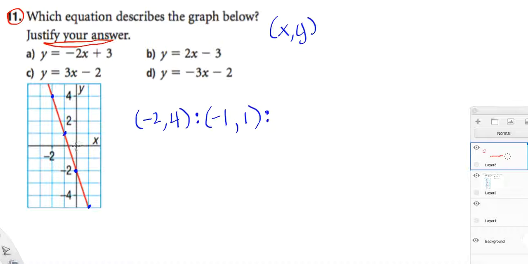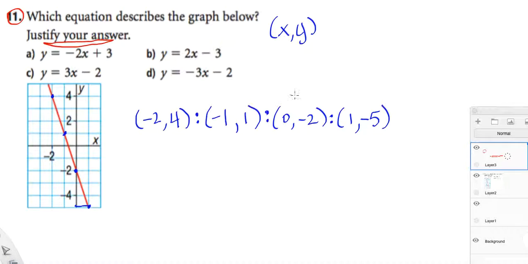Next one, the X value is 0 and the Y value is -2. And then the last one, we have the X value at +1 and the Y value is -5.